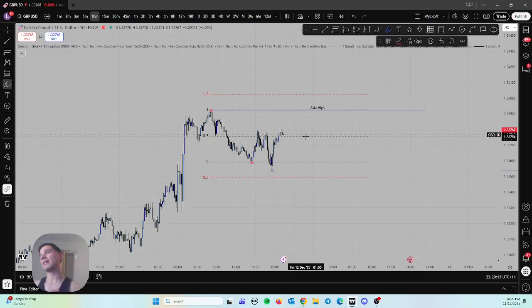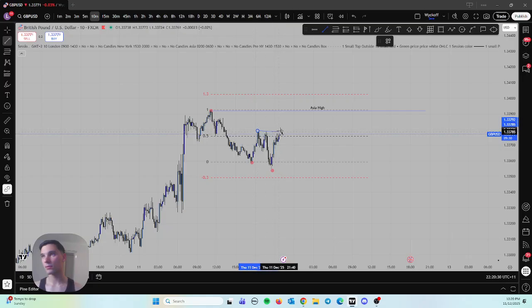And same thing, man, the return to zone is rubbish. I don't like this just because price has already taken out these two pretty much equal highs. So we had equal highs there, which got taken out. I'm not even going to chart the Asia lows up here because we already know they've been taken out.